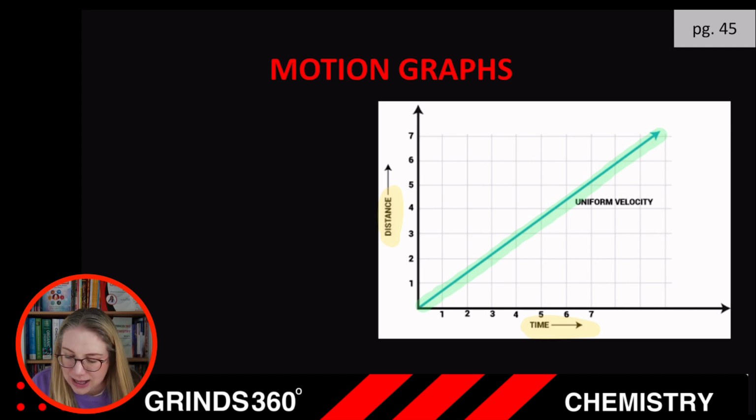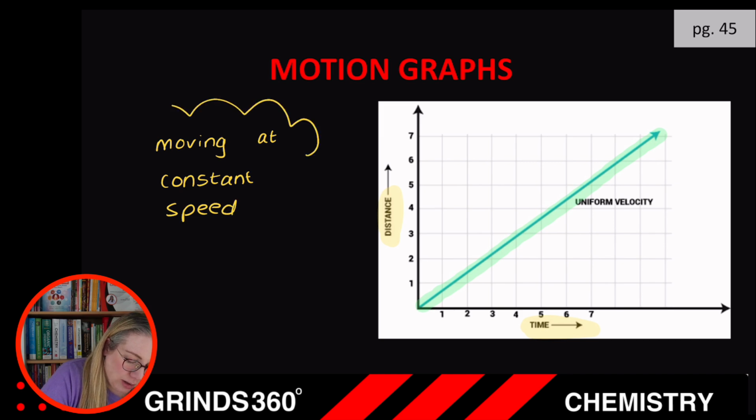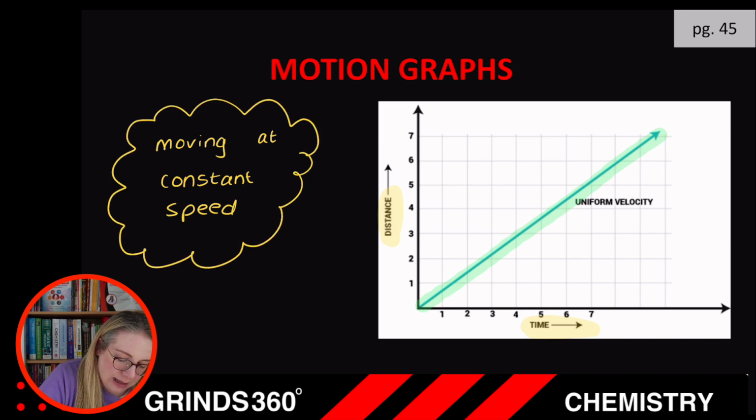This means that whatever the object is, it's moving at a constant speed. And that's important. So distance versus time and a straight line through the origin: your substance is moving at a constant speed.